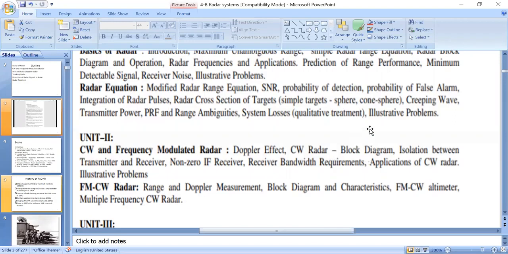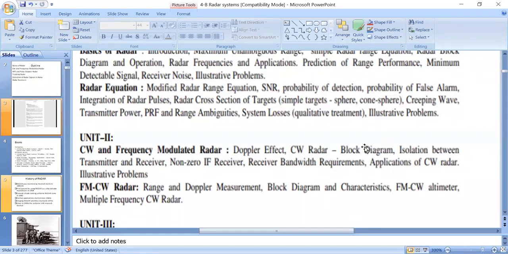No isolation means the transmitter power is in a high range, in the megawatts range, but the received echo signal power is in the watts range. Whenever you design a receiver circuit to operate with a power range of watts and milliwatts, if the transmitter leaks megawatt power into the receiver station, there may be a chance of burning out the receiver.